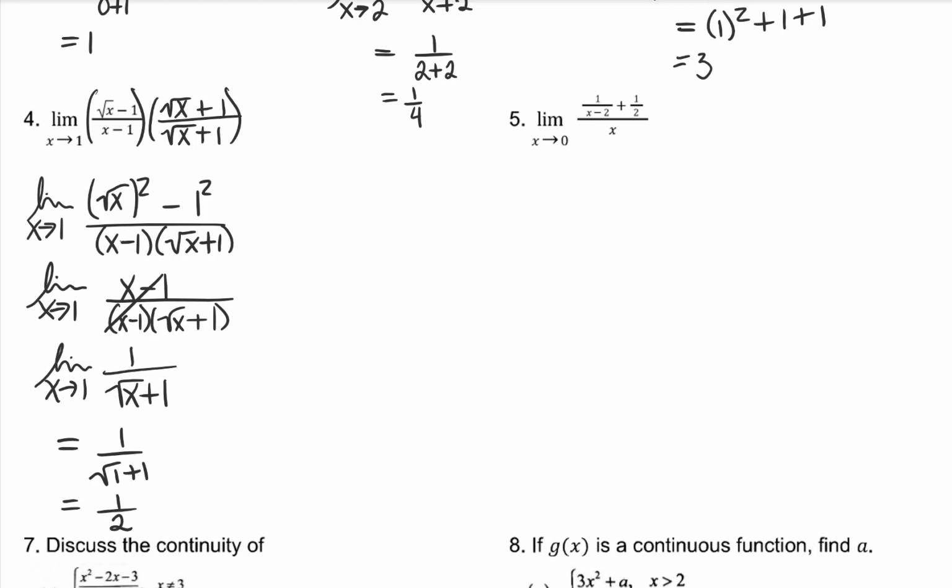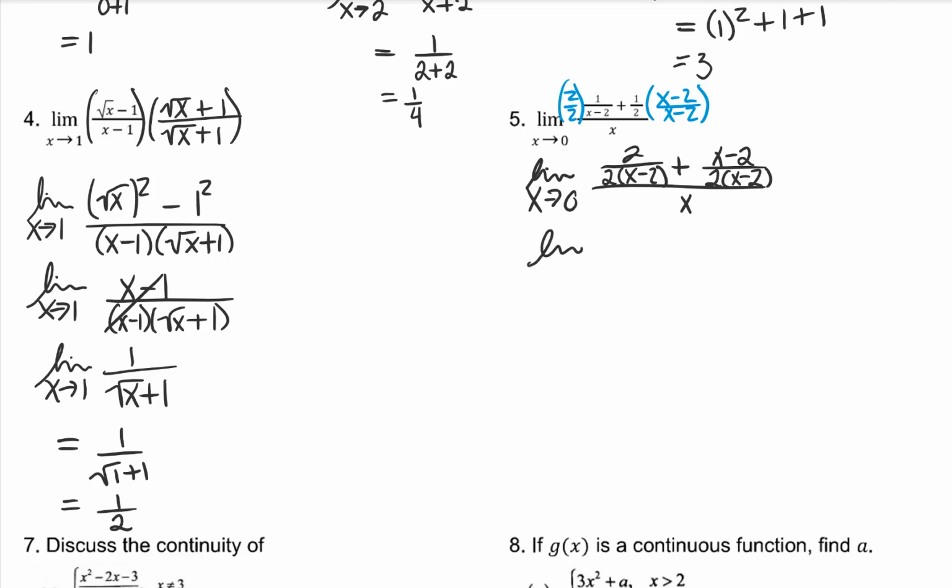When you have a complex fraction, our technique is to combine those fractions. So let's get these to have the same denominator. I'll need to multiply this one by 2 over 2, a special form of the number 1, and this one by x minus 2 over x minus 2. Yay! Now I can combine those fractions in the numerator.